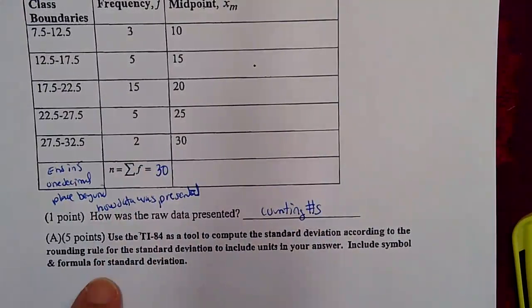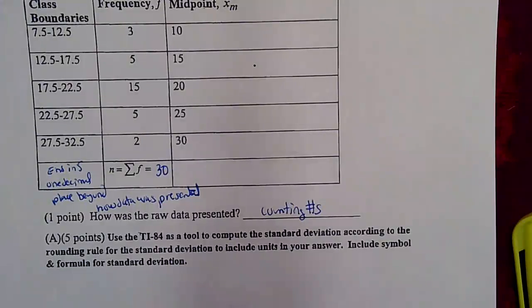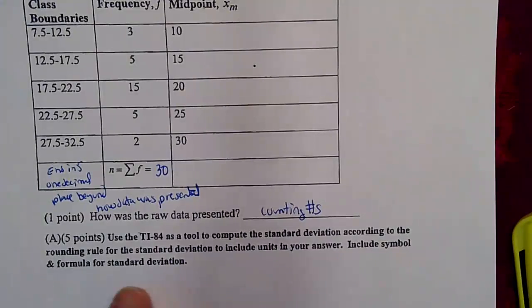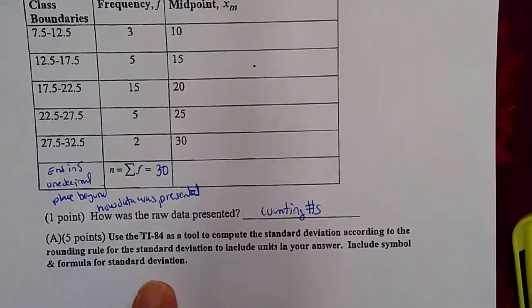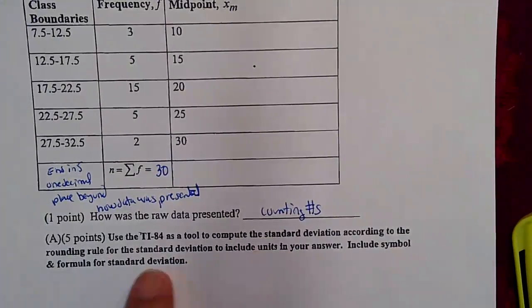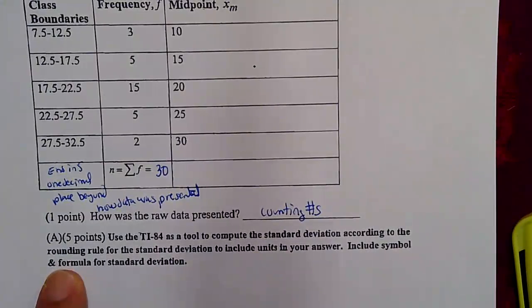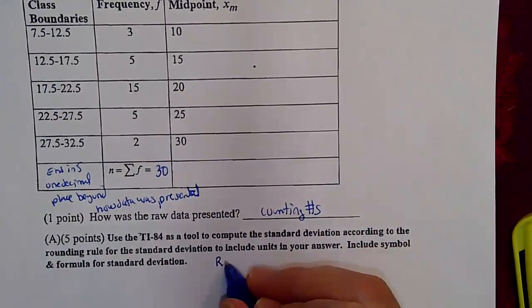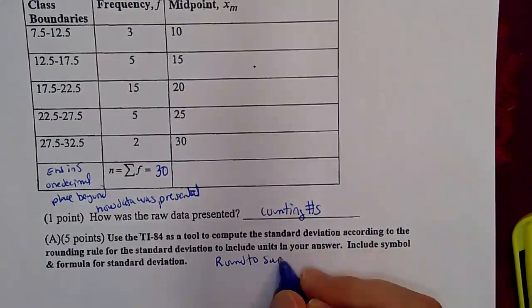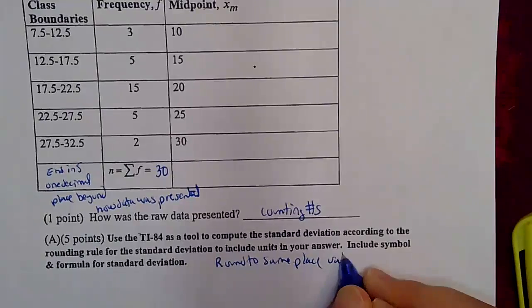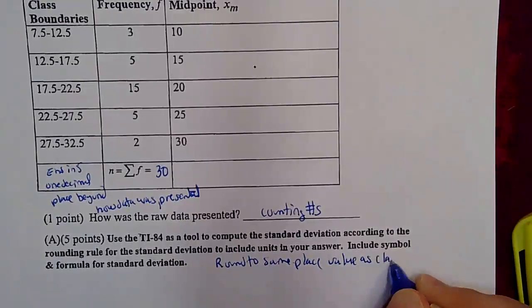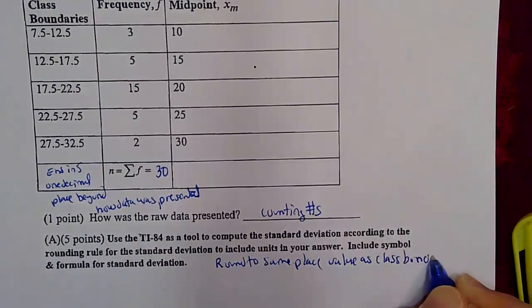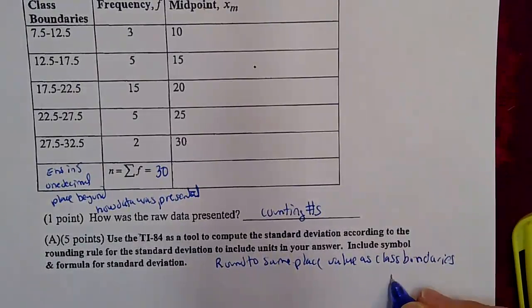And we need this because when we round, we are going to have to include the symbol and the formula for standard deviation, and it does say according to the rounding rule. So it's one decimal place beyond how the data was given. So you're going to round to the same place value as the class boundaries, which is the tenths place.